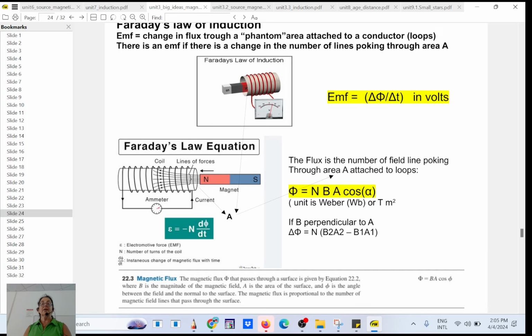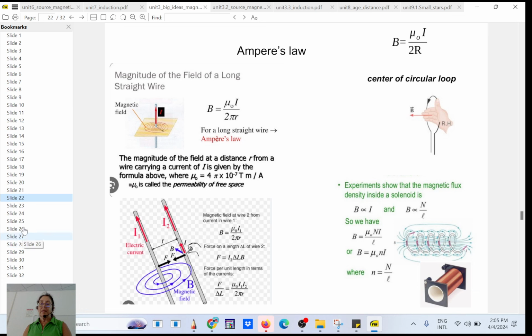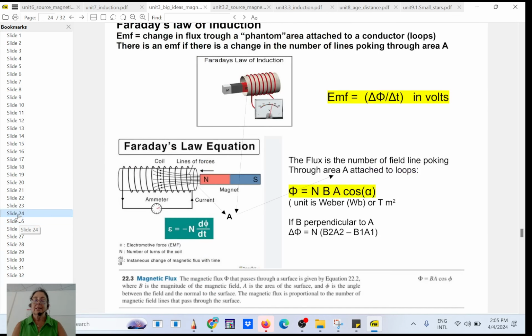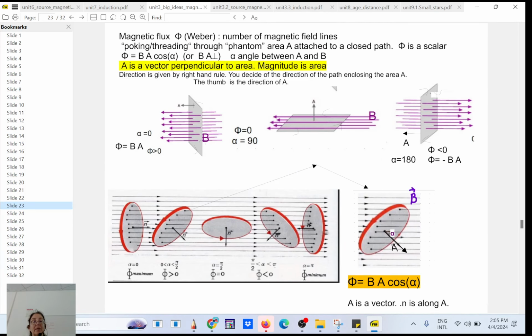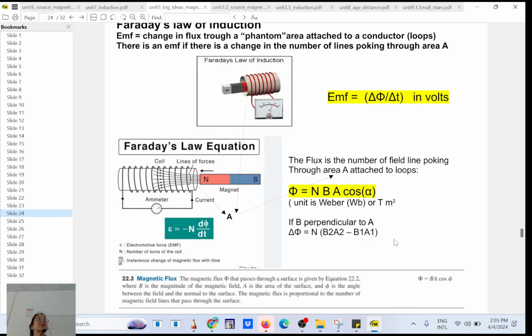You have the equation for the flux: the number of loops, the magnetic field strength, the area, and it also depends on that angle. You can see the angle here. That will be the angle. Any question? Don't space out, because concepts are very important.